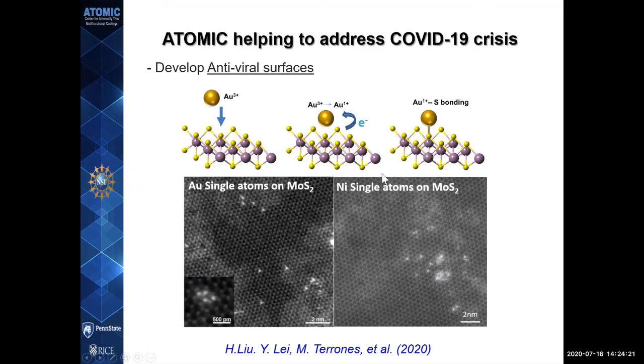There's a weak bonding between the sulfur and the gold. We're working on this because we don't know what the antiviral properties of these systems are, if there are any, right? Because as you reduce the size of the particles, the antiviral properties could be enhanced even further.